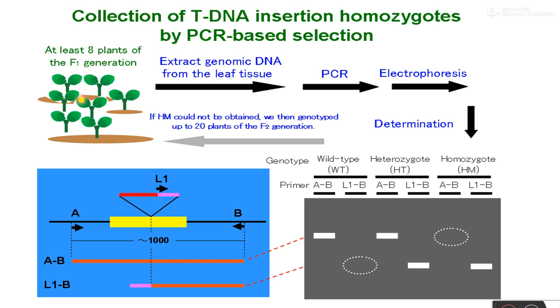So for that, what method do you generally use? You will use PCR, that is polymerase chain reaction. So here I would like to explain what tDNA insertional mutant lines are.